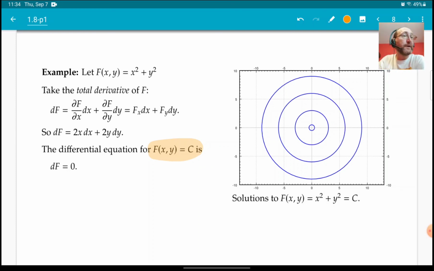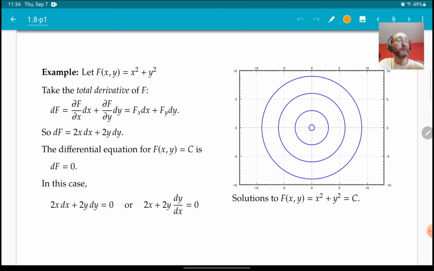You want to encode when f is a constant. Well, the total derivative of a constant is 0. So what we really have is that df is 0. That's the differential equation. That's going to be our exact equation.